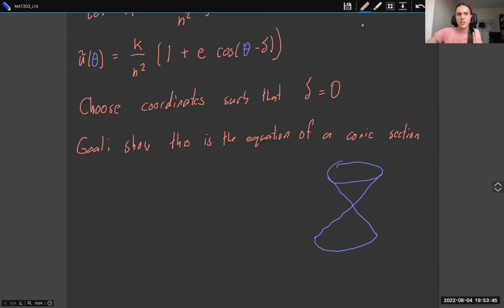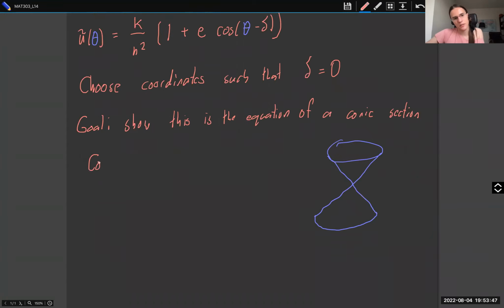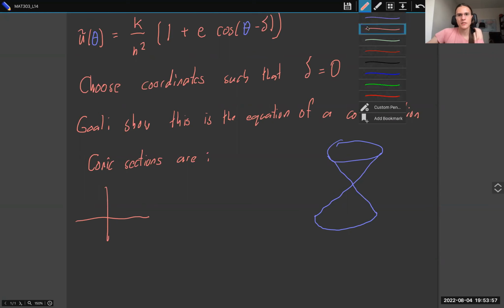So the conic sections are, you can draw them as parabolas. These are going to be prototypical examples. y equals x squared, let's say, a parabola.